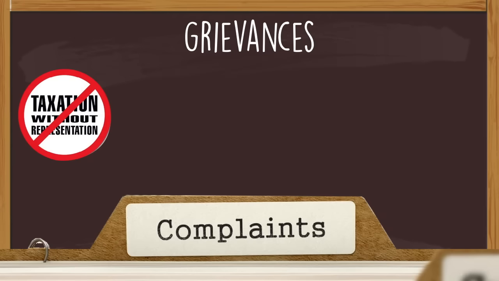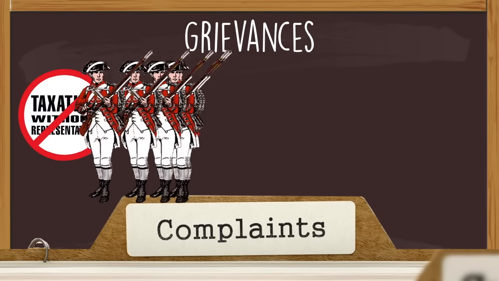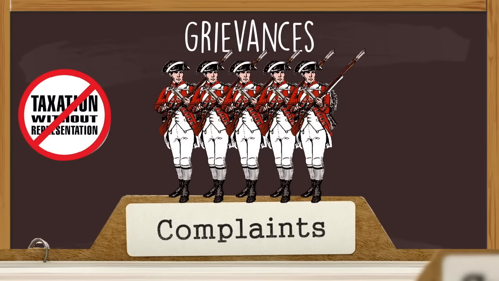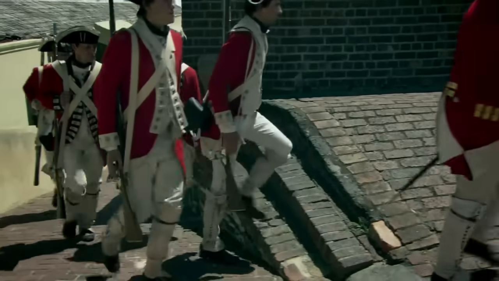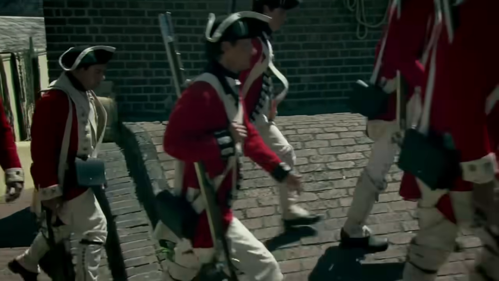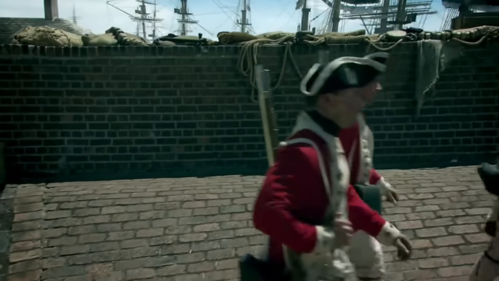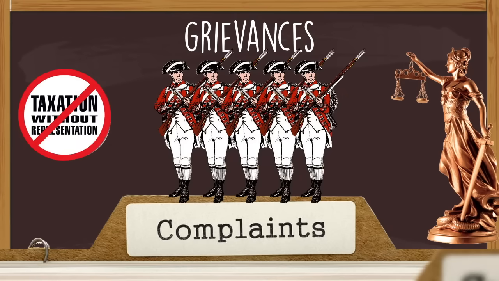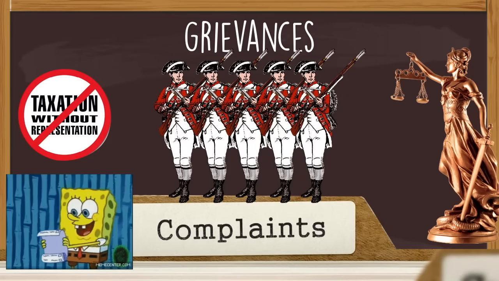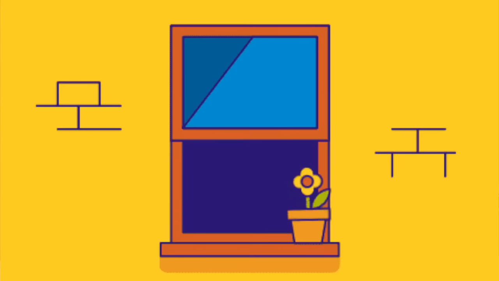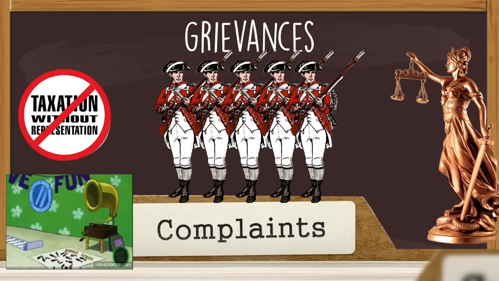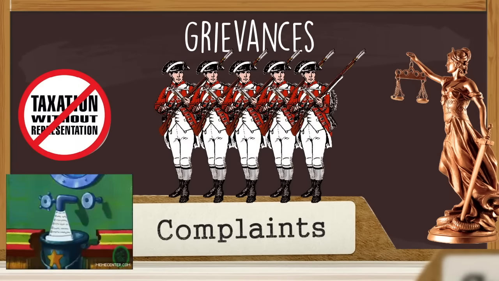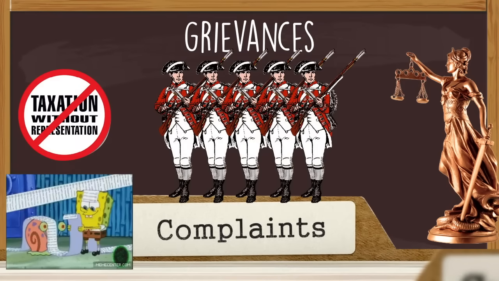Another big grievance that the colonists had was the quartering of soldiers, mostly in the city of Boston. 4,000 standing soldiers just hanging around, messing with people and checking on their stuff. They hated that. And the final grievance that we need to know for our test is that the king was messing with the justice system. He threw fair trials out the window, he reorganized the justice system, and the people thought this was a big violation against their rights to free and public trials.